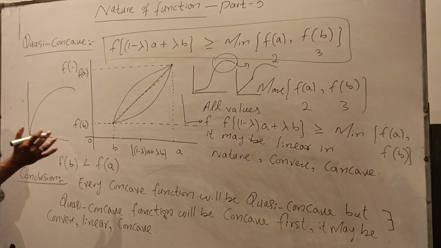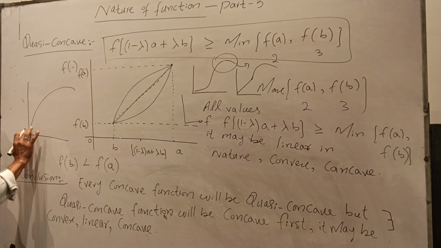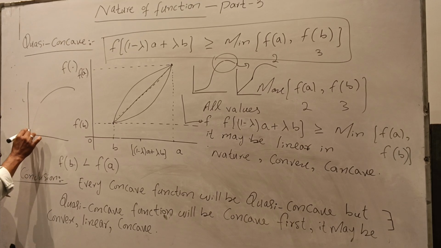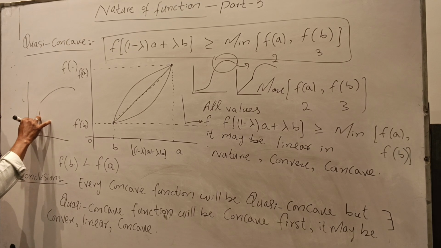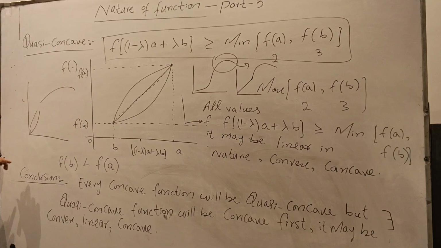So the weaker assumption is that I relax it, so that initially it may be this one, it may be this one, and finally I have to achieve the concavity of the function as well.